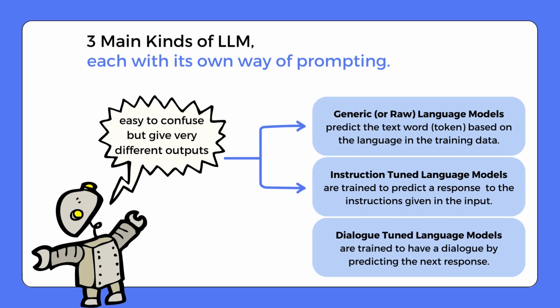Whether it's summarizing a text, generating a poem in the style of a famous poet, or offering a sentiment analysis of a statement, these models follow the instructions embedded in the input. And lastly, we have dialogue tuned models. These are a subset of instruction tuned models specifically designed for interactive context, much like a chat with a bot. So let's dive into examples of these three kinds and see them in action.